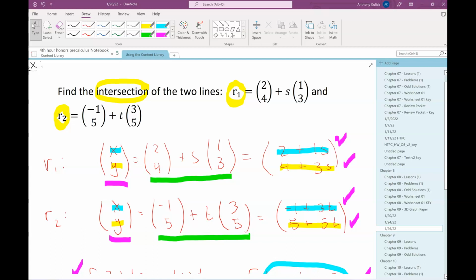If I wanted to put the vector 2, 4 into a point, it would just be the point 2, 4. Okay, so if I wanted to put vector 2, 4, it would be 2, comma 4 as a point. Yes. Okay.